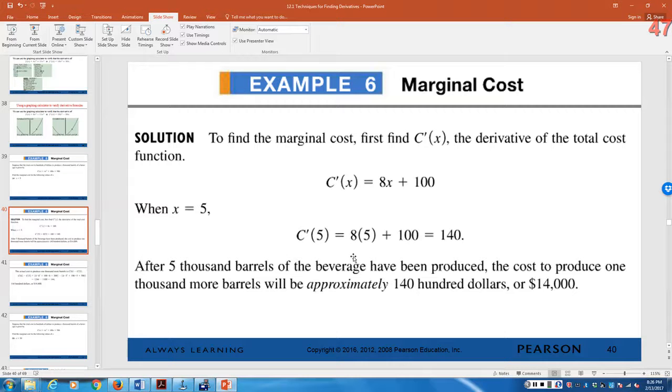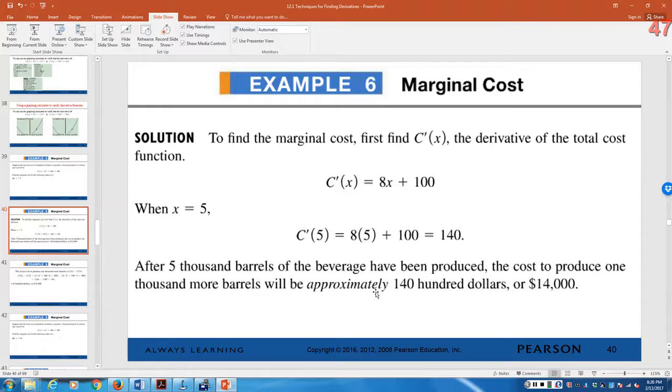And the important thing here is not just that you be able to do that, but you be able to tell me what that means. Because you are going into business, you are going to need to be able to discuss what these things mean in context. And what this means is after 5,000 barrels of the beverage have been produced, the cost to produce another barrel, another 1,000 barrels, will be approximately $14,000.